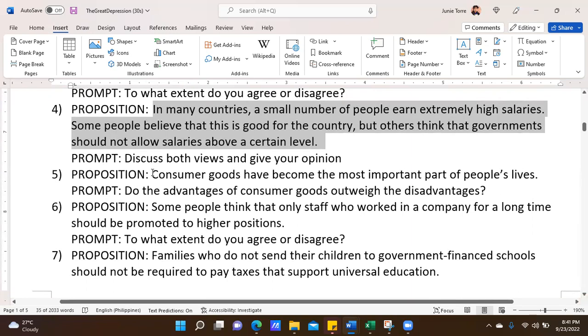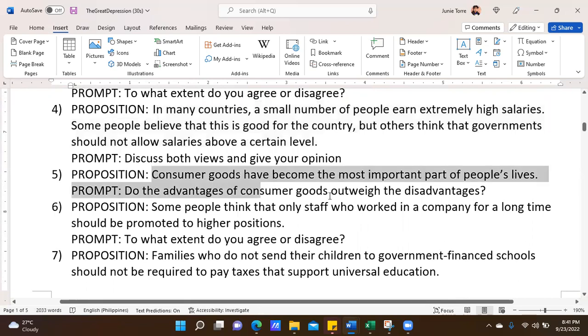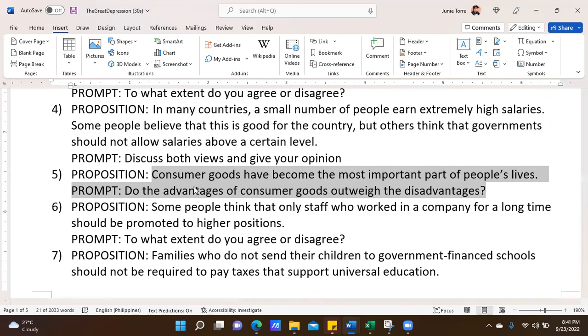Consumer goods have become the most important part of people's lives. Do the advantages of consumer goods outweigh the disadvantages? So consumer goods are things that are manufactured. So like your cell phones, your laptops, your television, your cars, all of that are consumer goods. The refrigerator, the microwave, yun.